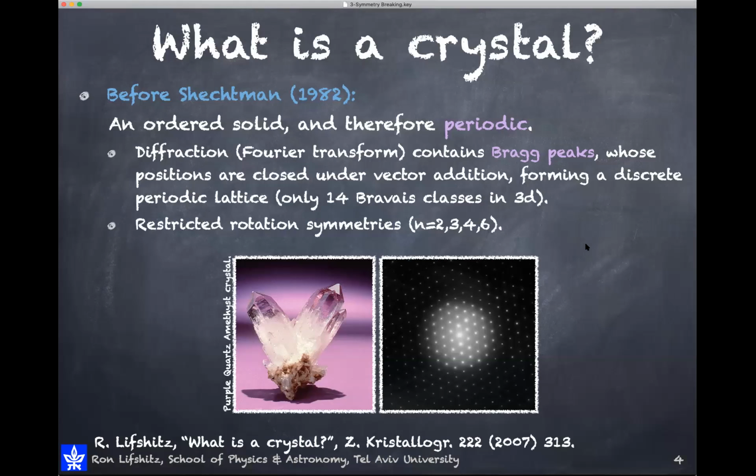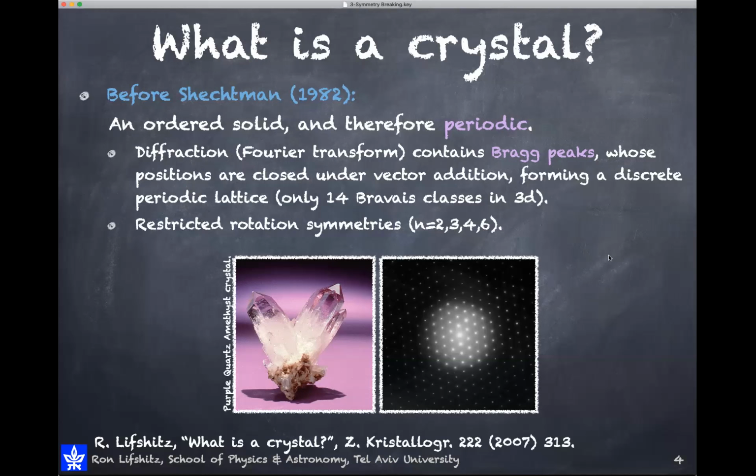And in 3 dimensions, this is so restricted that there are only 14 possible types of such lattices, so-called Bravais classes of lattices. And the symmetry groups, the point groups that these crystals can have, are also very strongly restricted. And we all know that axes of symmetry can only have 2-fold, 3-fold, 4-fold, or 6-fold rotational symmetry.